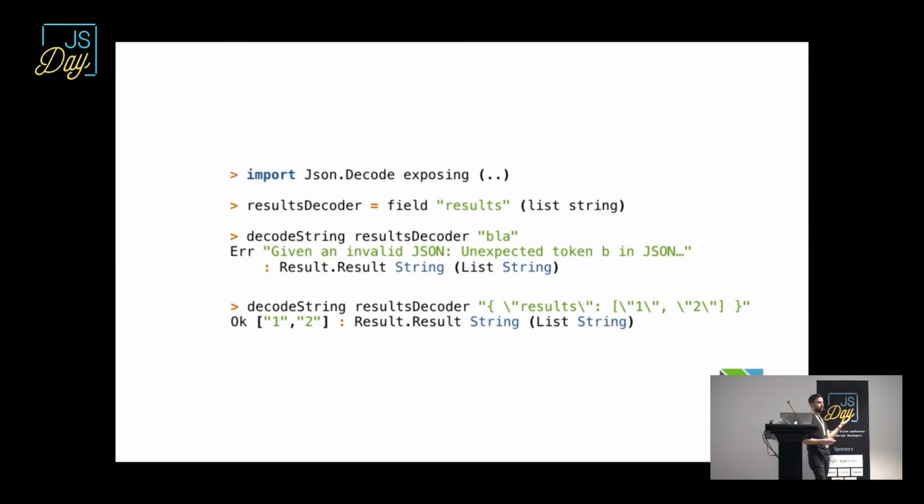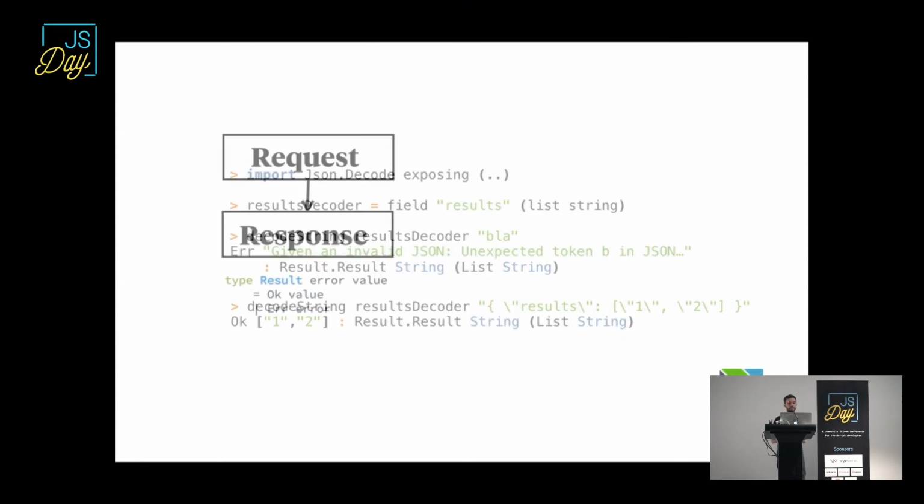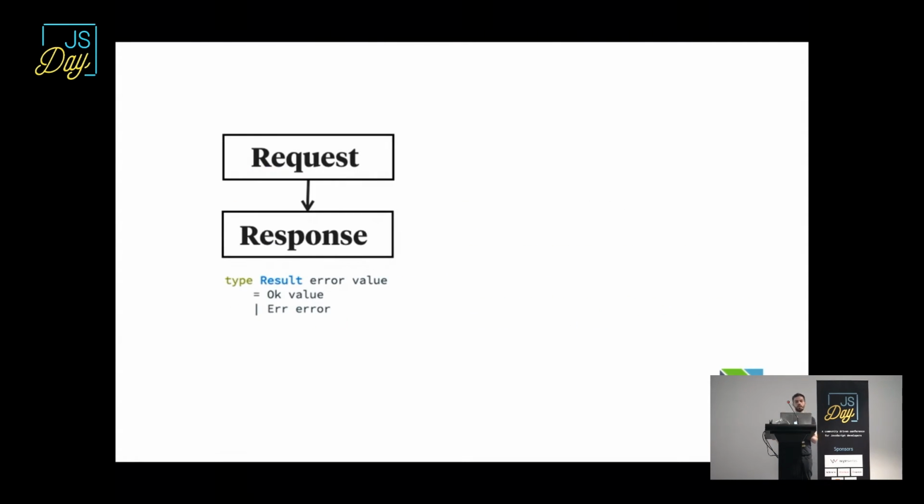So if we send something that is valid for our contract, it will decode and give us the OK value and also the list of strings. So yeah, that's the beginning of the solution. So how do we program something like a request and response in that language? So that's our start. You define that it's a request, and also we receive the response.